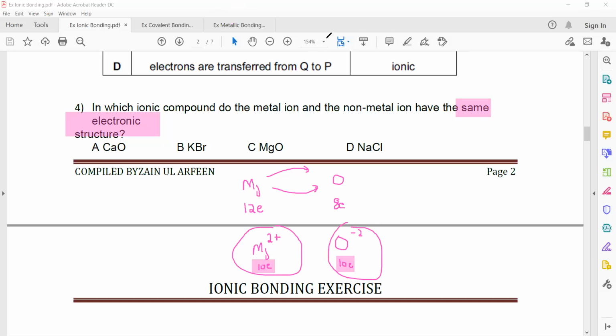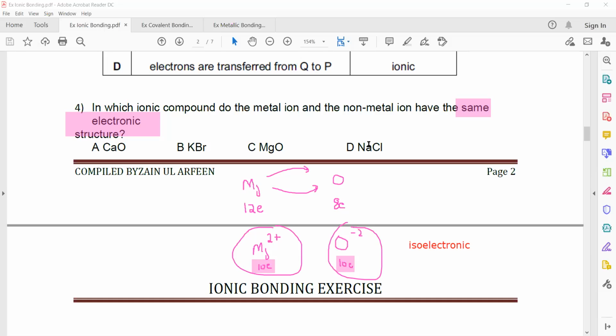Sometimes we can also use the term iso. Iso means same, like isomers, isomerism, isotopes. You use this word, so it refers to same.